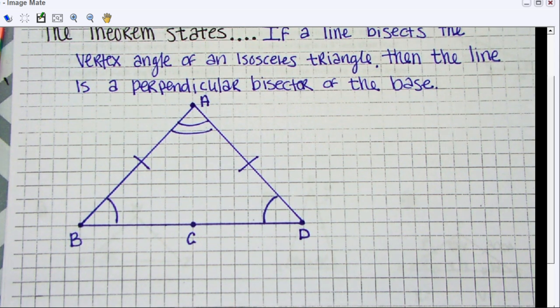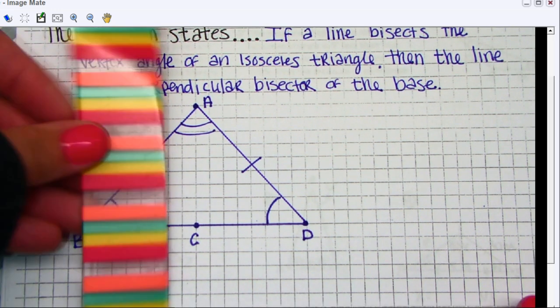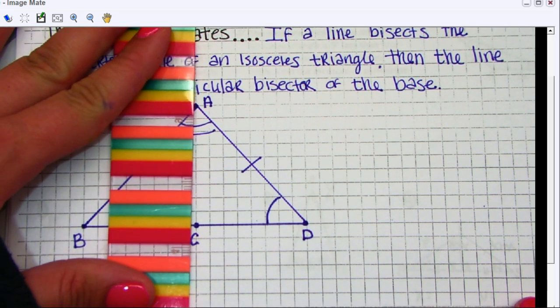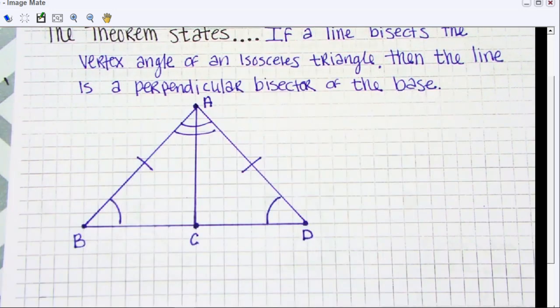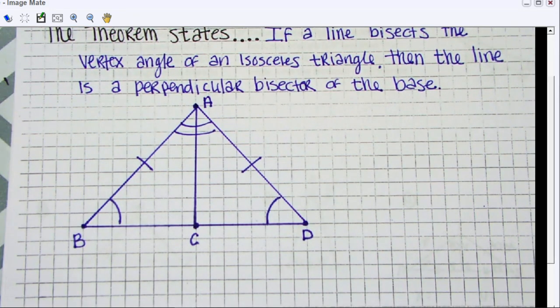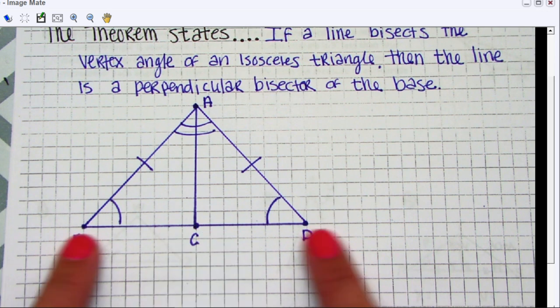So what I'm going to do is draw a segment from A down to C. We are connecting our angle bisector. So that line cuts my angle in half. This line is a perpendicular bisector of this base.